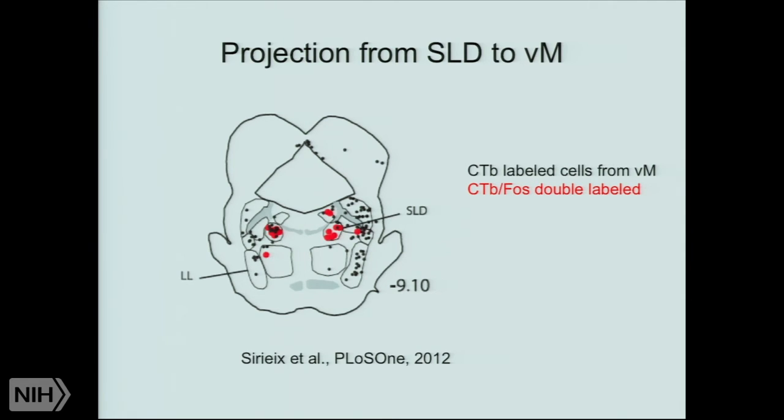CTB is a retrograde labeling dye, and then they also looked at c-Fos. So you do find quite a bit of neurons specifically in this region called SLD that are REM active, because they're c-Fos positive, that also project to the VM. So we think that this is a very good candidate for the upstream region that might be driving the VM neurons to be active during REM.